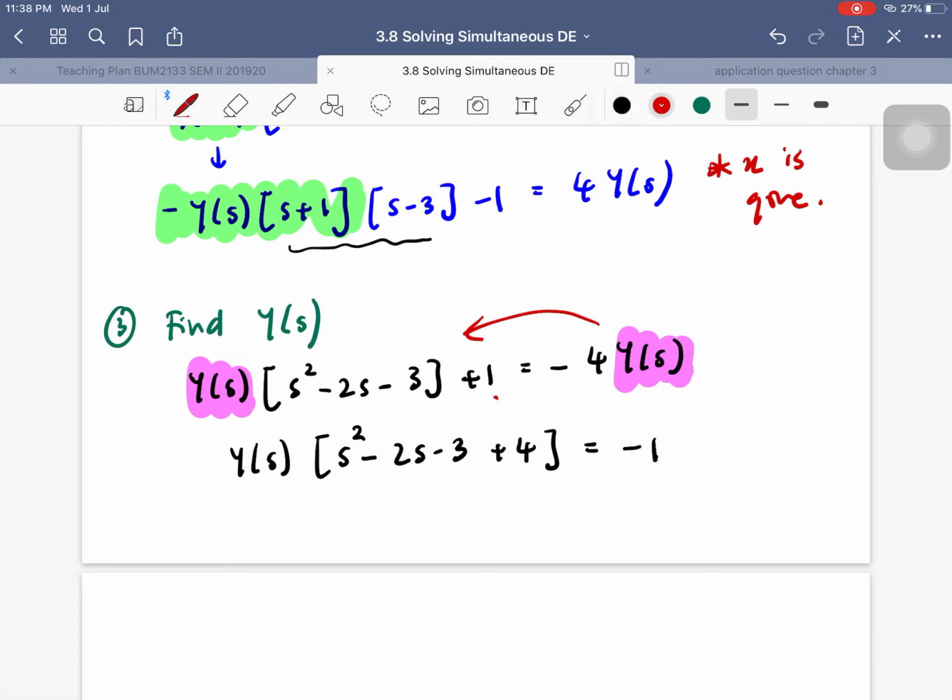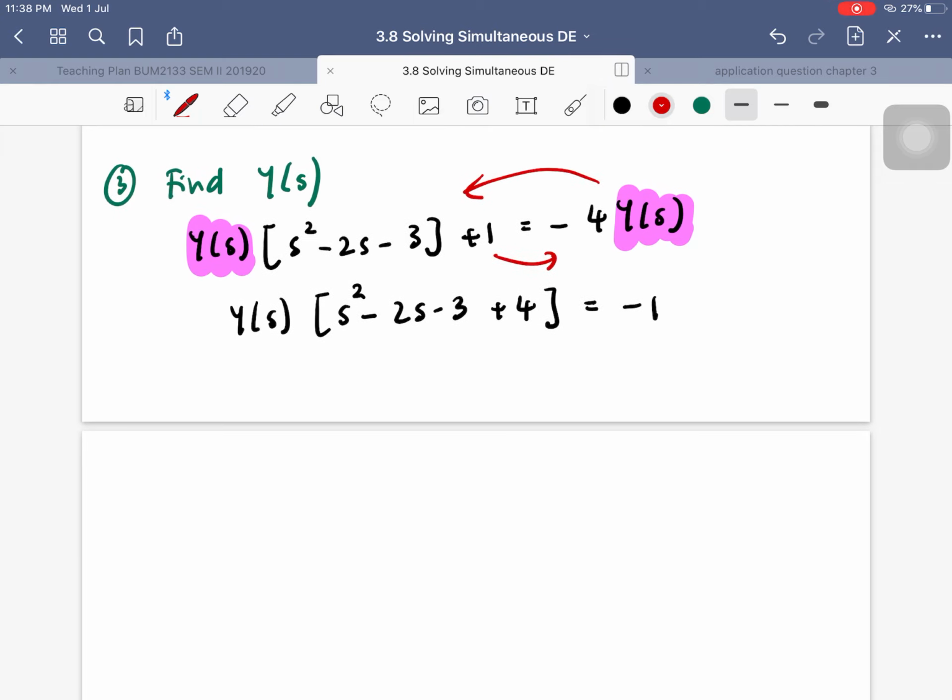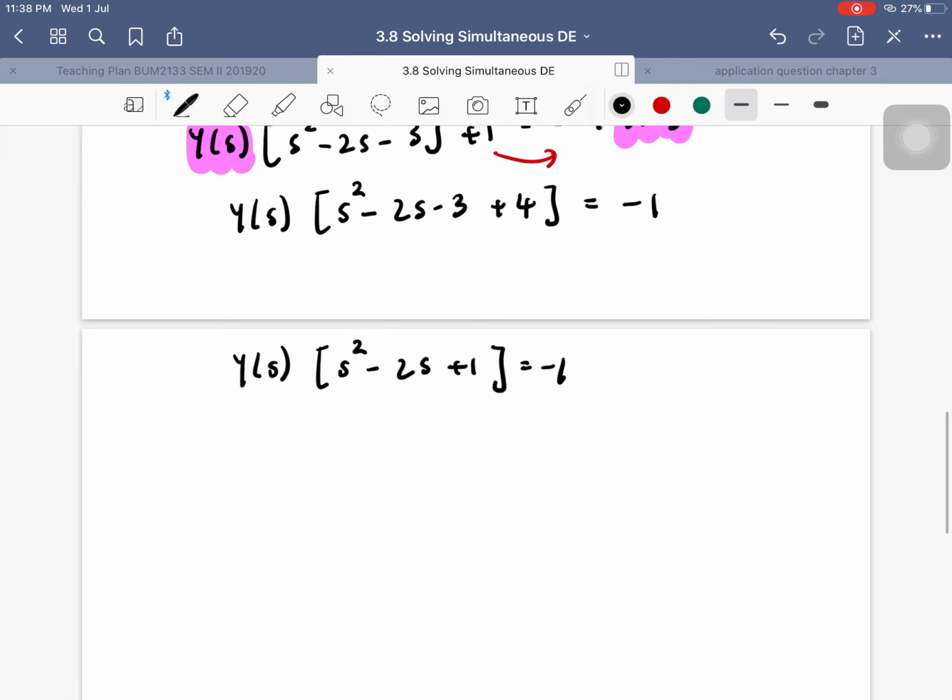I bring what is not related to Y(s) over to the right hand side. Simplifying, I end up with Y(s) multiplied by (s squared minus 2s plus 1) equal to negative 1. So Y(s) is going to equal negative 1 over (s squared minus 2s plus 1).